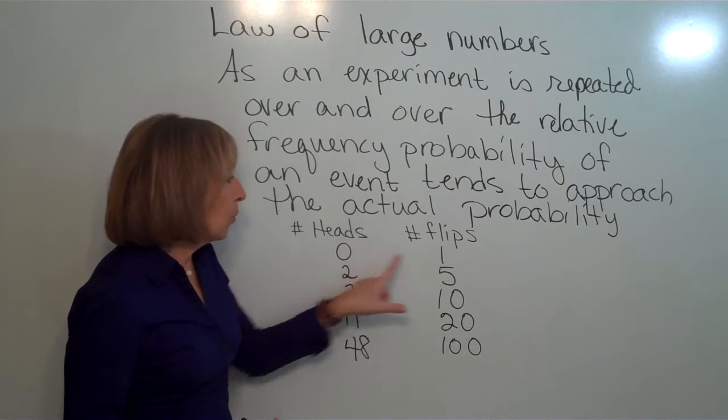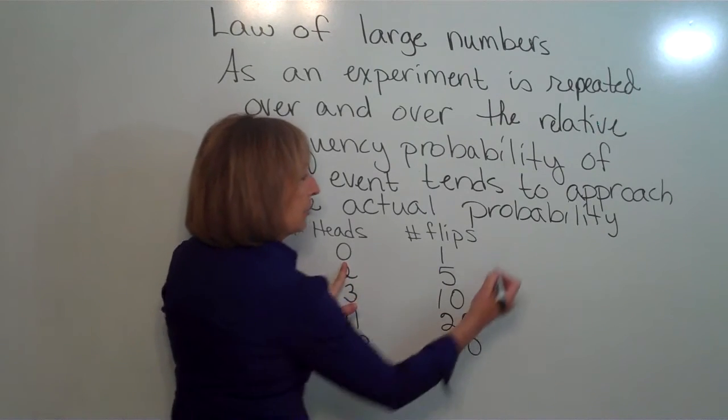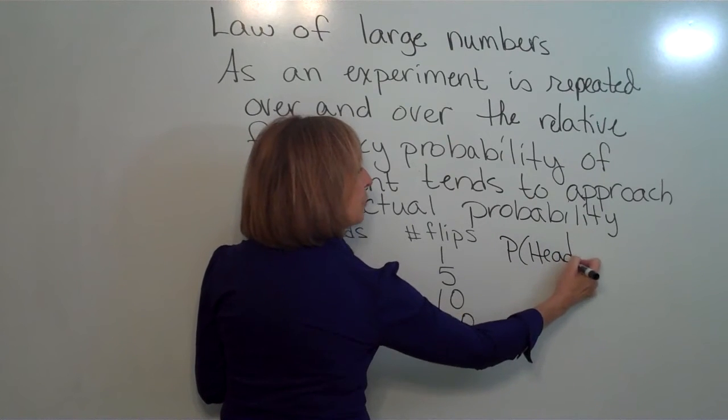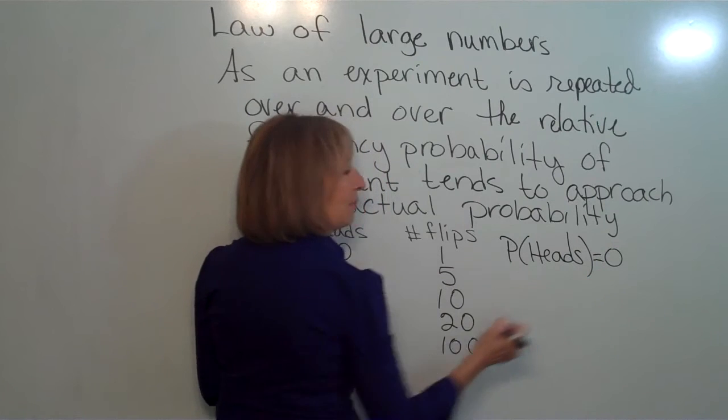So when I flipped the coin once, I didn't see a head. So my probability of heads, with just one flip, came out to be an assignment of 0.